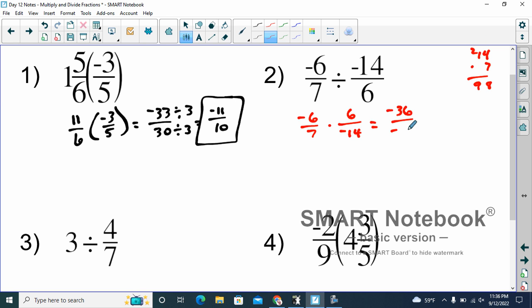Positive times negative. Negative divided by negative, so my final answer is going to be positive. Hopefully we can see that we can divide these both by 2, giving me negative 18 over 49. Negative 49. Negative divided by negative, we report a positive answer.